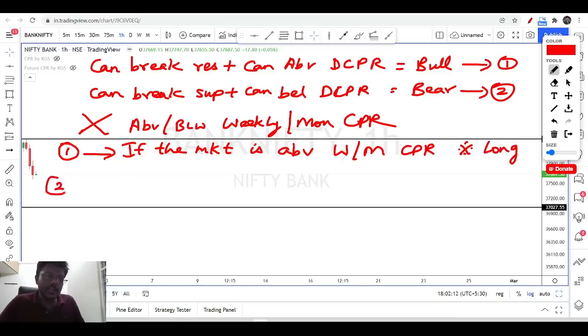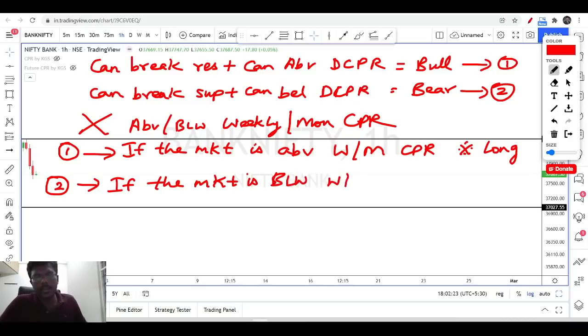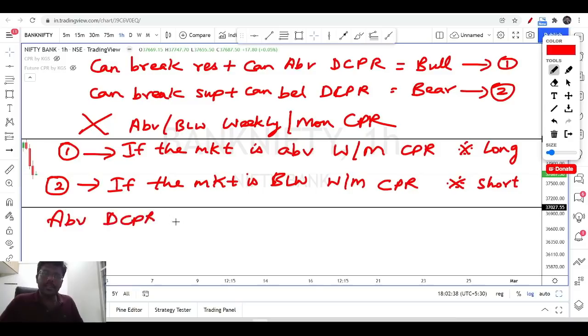Similarly, if the second condition is satisfied and if the market is below weekly or monthly CPR, then it is a high probable short opportunity. Okay. Now there will be a confusion. Sir, the candles are above daily CPR, the candles are below weekly CPR.